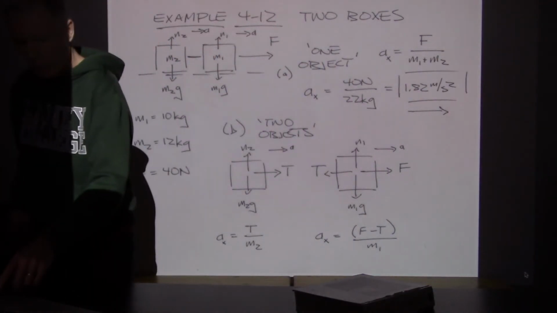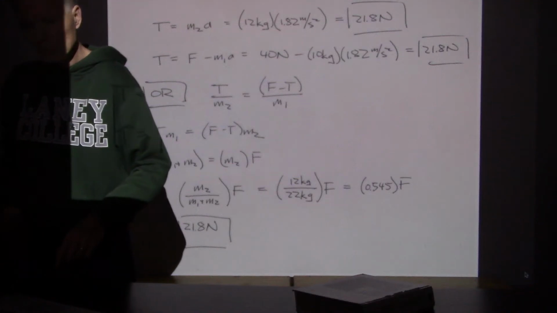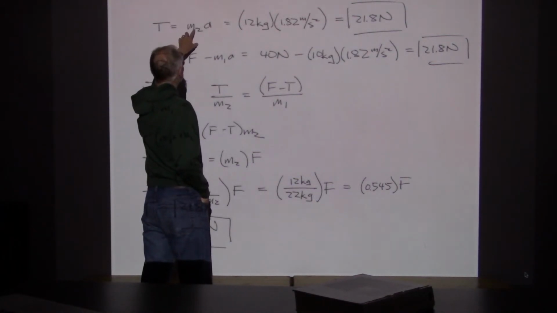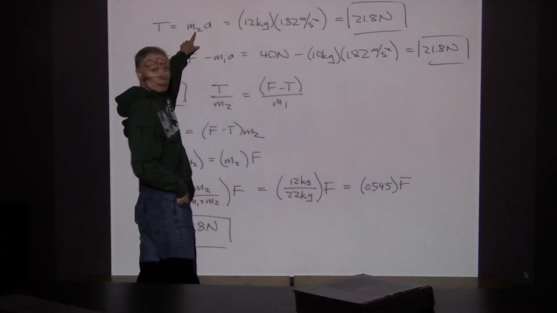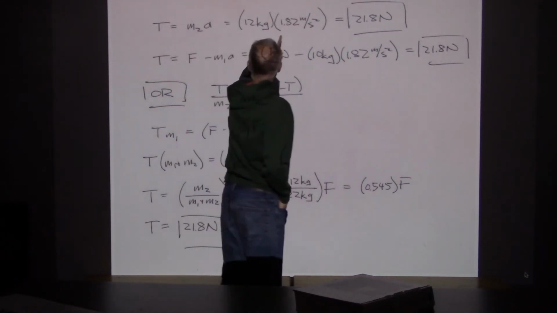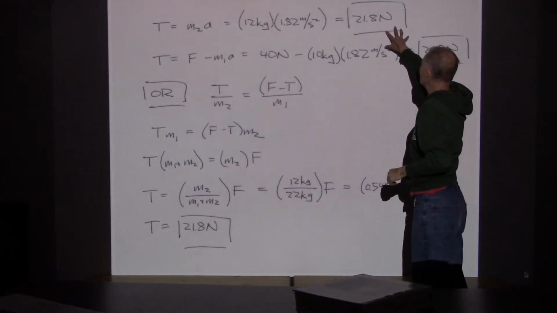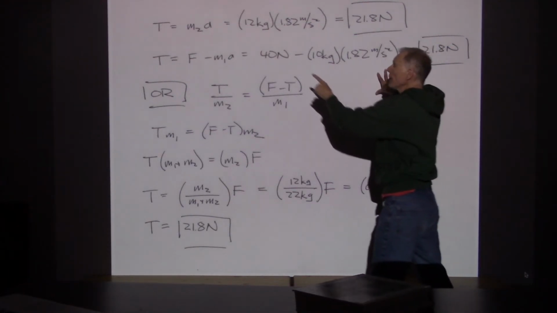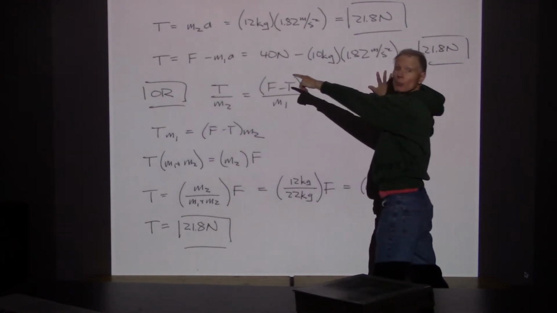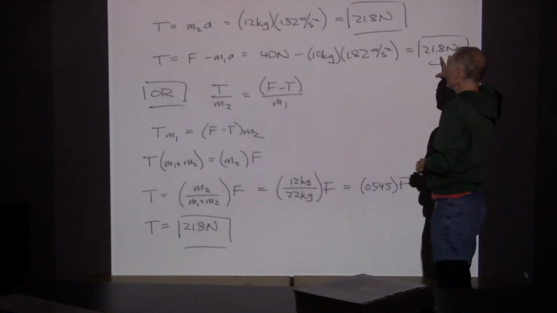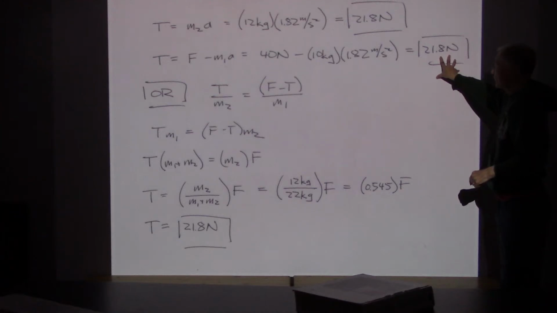Okay. Now there's a third way we can operate, so let's see how this works. When I solved the equation based on the diagram for object 2, what I found was that m2 times a, that tension, would need to be 21.8 newtons. When I took a look at the formula from object 1, I got F minus m1a, and that also worked out to be 21.8.